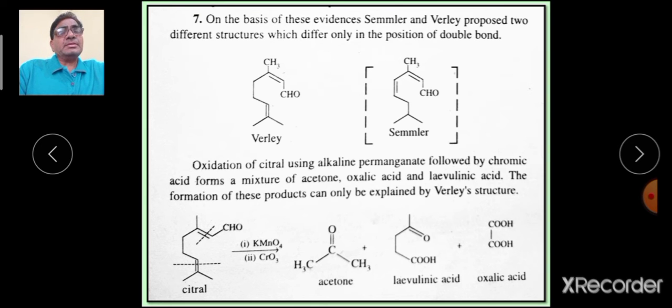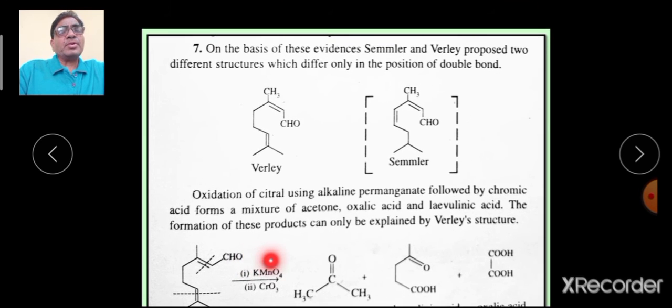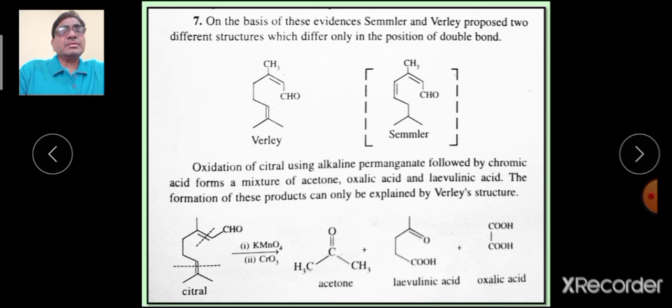Oxidation study. Oxidation of citral using alkaline potassium permanganate followed by chromic acid gives a mixture of acetone, levulinic acid and oxalic acid. These three products are obtained by the oxidation of citral. How are these three products obtained?